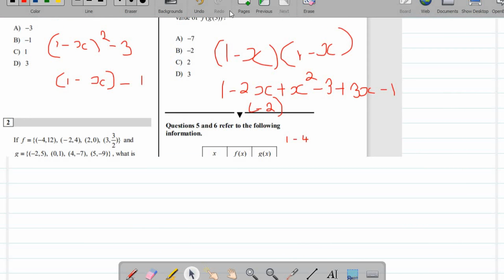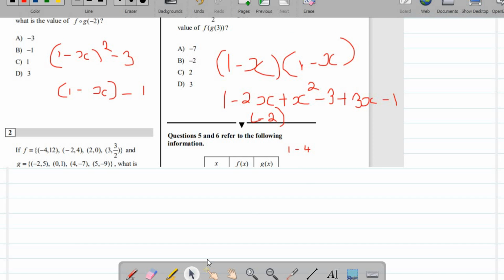So we have 1 minus 4. 1 minus 2 times minus 2. That will give you 4 plus 4. 1 plus 4 plus, put minus 2 here. Minus 2 squared is 4.